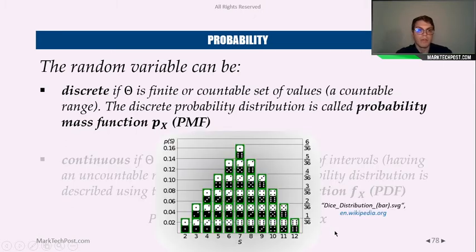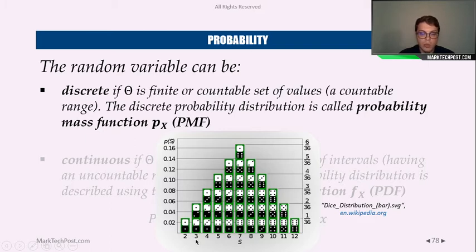Let's see an example of a discrete random variable. For example, this is a particular distribution, a probability mass function for dice. We roll 2 dice together, sum the results of the 2 dice, and that's the probability we get. How many times can we get the value of 2? 1 time, if we get 1 and 1.